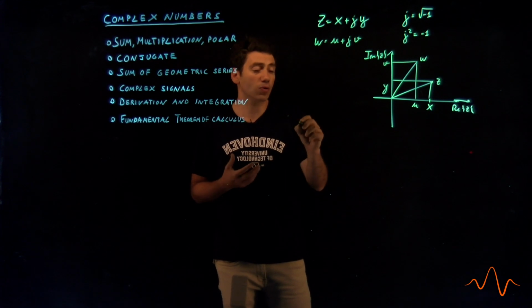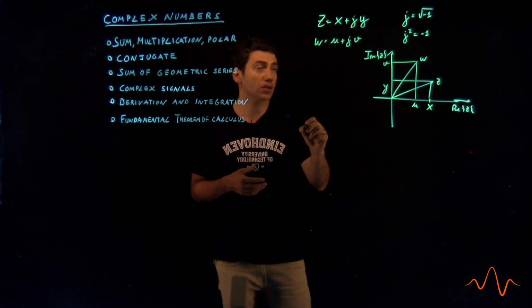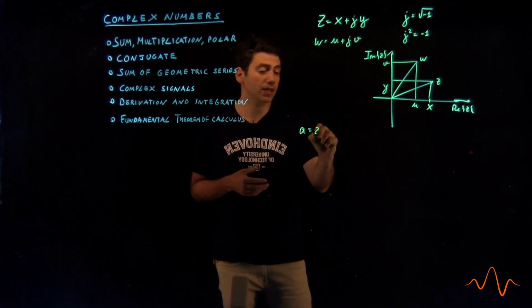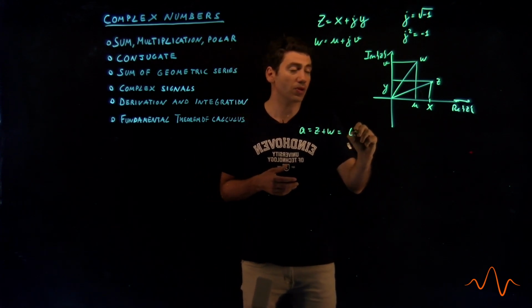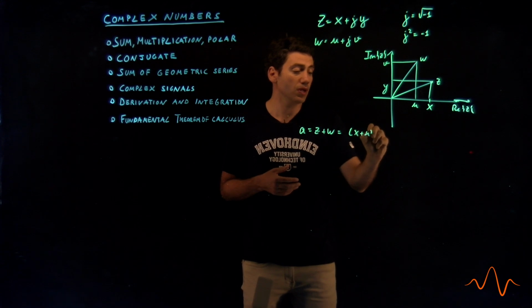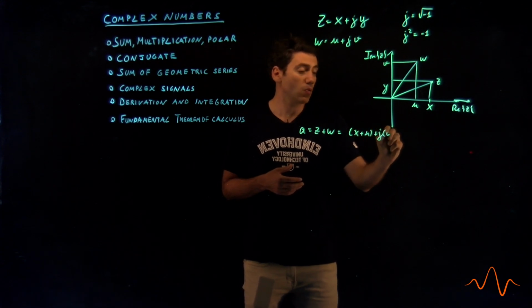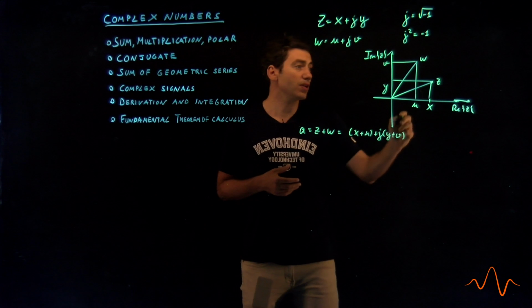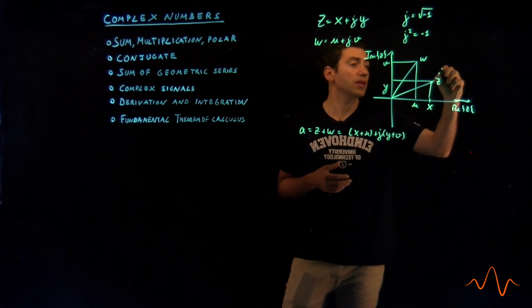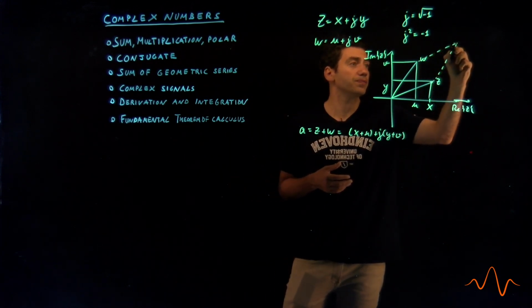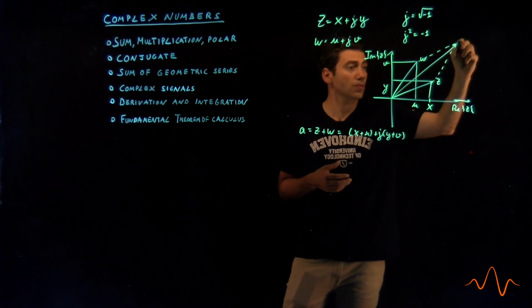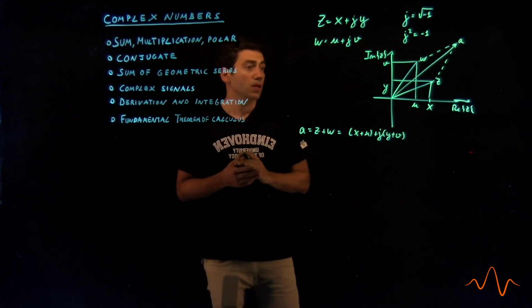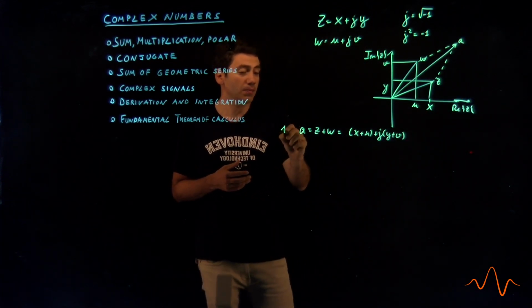So if we call a to be z plus w, this is nothing more than a complex number with real part x plus u and imaginary part y plus v. Geometrically, it amounts to simply adding these two vectors over here.